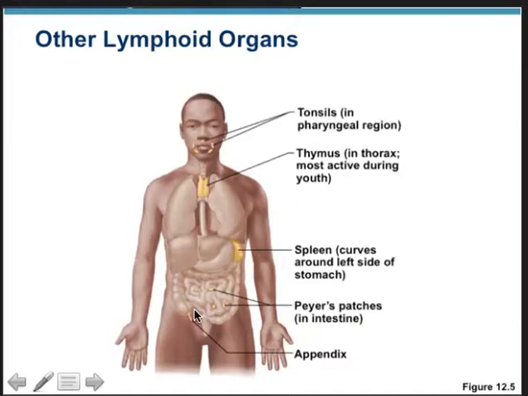So, other lymph organs that we want to be aware of. Basically, wherever you find a port of entry, you're going to find lymphatic tissue, because that is really the best place to station these on-site emergency med techs. You could think of the lymphocytes and the macrophages as your body's emergency medical team.